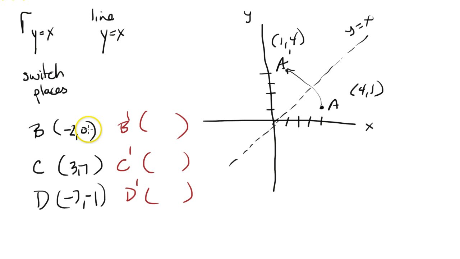So we switch places. -2, 0 becomes 0, -2. 3, 7 becomes 7, 3. -7, -1 becomes -1, -7. And that's it.